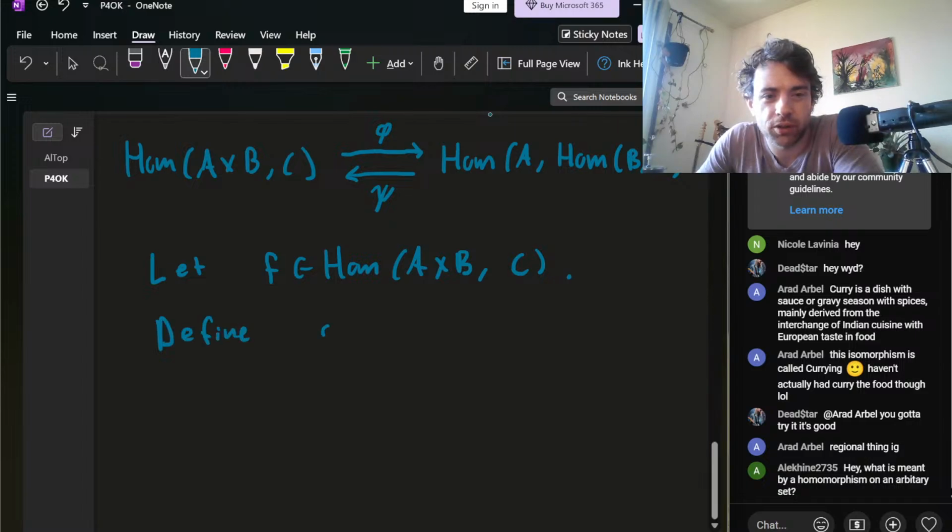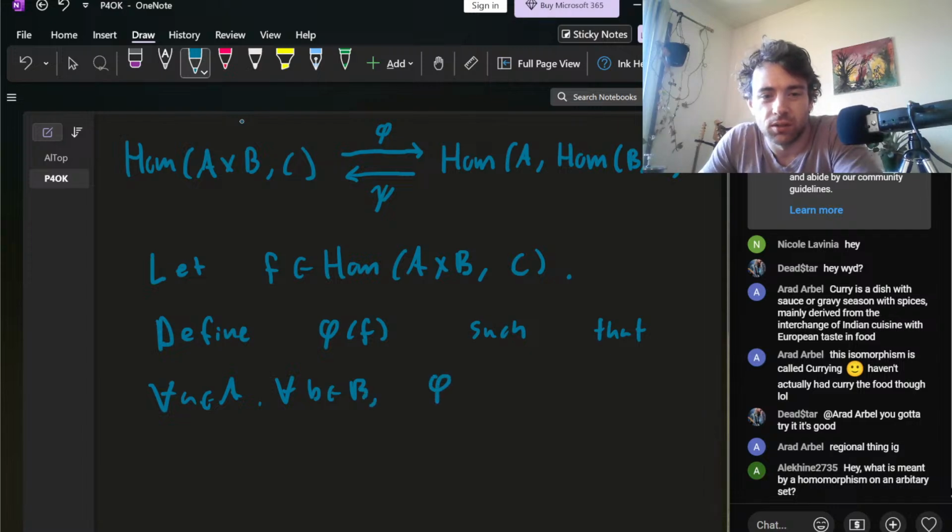So from our rough work, we can define phi f of a. So maybe we can define phi f such that, for all a in A, for all b in B, phi f at a, which is a function.